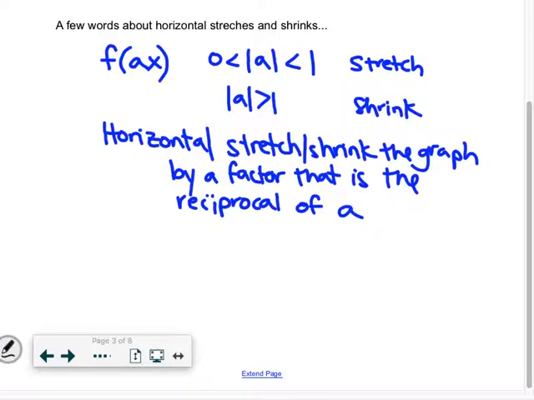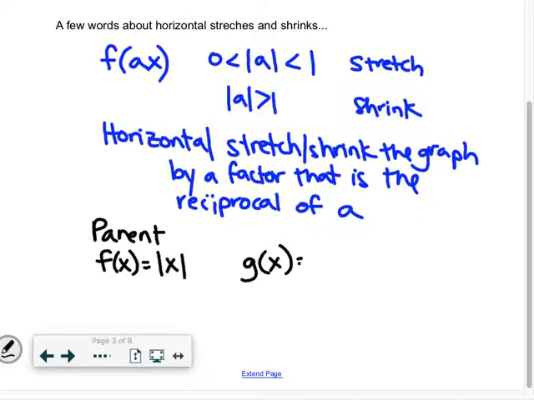I'll do a parent graph. Let's say we have the parent graph f of x equals the absolute value of x. And then let's say I give you a new function, g of x equals the absolute value of 3x. Since we see that inside with x we're multiplying by 3, we can tell that that's a horizontal stretch or shrink because it's like a times x, 3 times x.